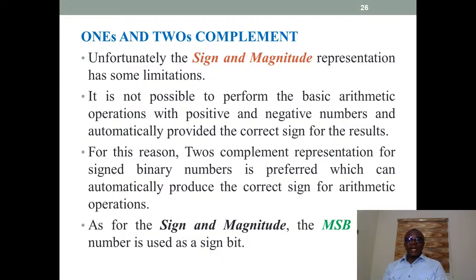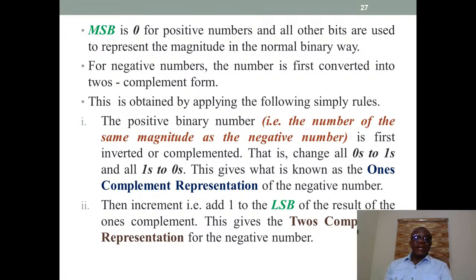As for the sign and magnitude, the most significant bit of the number is used as a sign bit. We say that MSB is 0 for positive numbers, and all other bits are used to represent the magnitude in the normal binary way. For negative numbers, the number is first converted into its two's complement form.